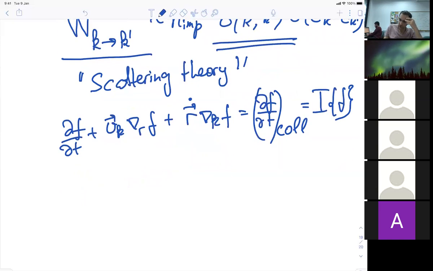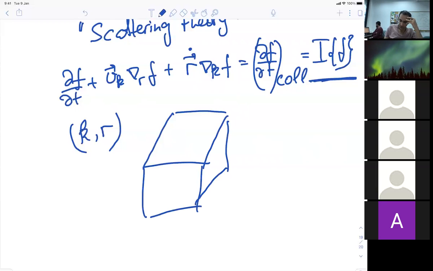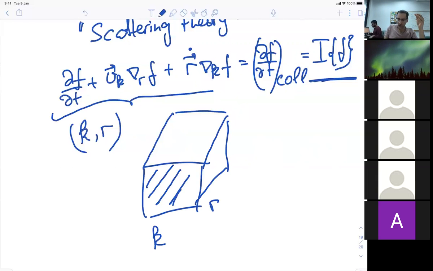And this is the object that describes how many particles are coming in or leaving state K and R as a result of collisions. So imagine that we have a phase space picture. There is a cell in the phase space that we call K and R. And due to the evolution operators, particles move in the phase space, but don't perform any abrupt jumps.